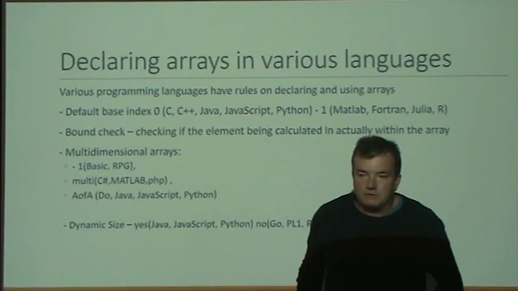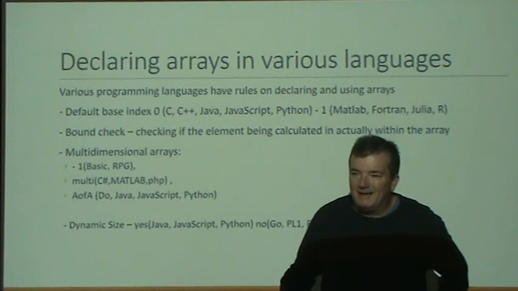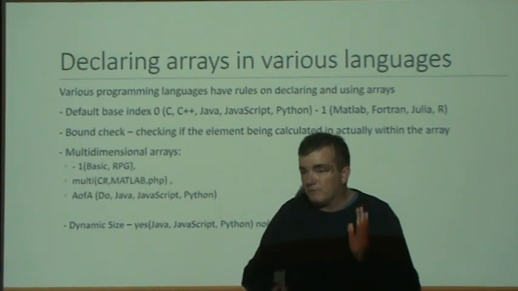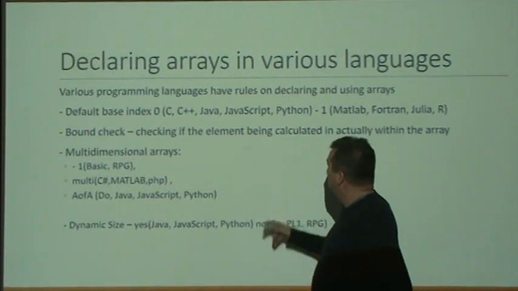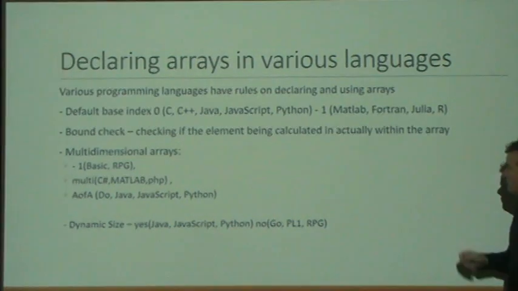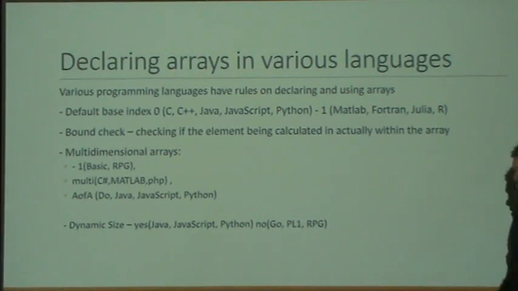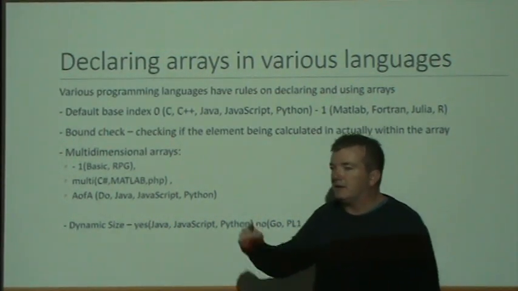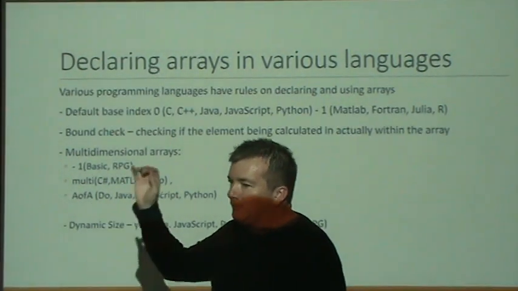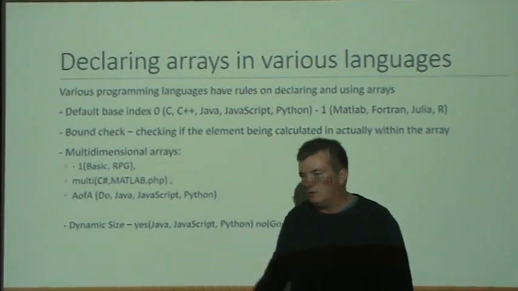So they decide to index them from 1 to 10. For example, MATLAB, Fortran, Julia, and R use the index from 1 to n versus 0 to n minus 1.